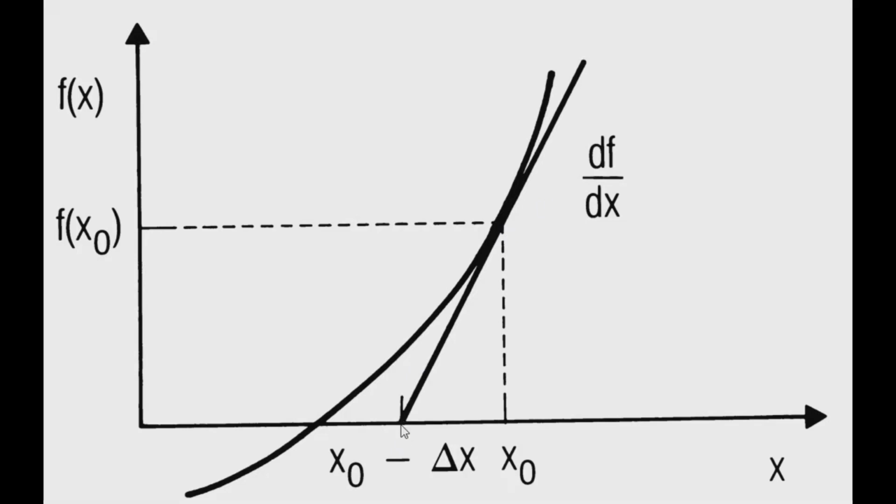That gives us another estimate of the zero, which of course won't be exact, but we can keep doing that, and you can see that if you keep doing that, you're going to home in on this zero pretty effectively. And it is a very efficient algorithm. Newton's method is quadratically convergent, and without getting into the details of what that means, it simply means that as you get close to this zero, it pulls in very quickly indeed.